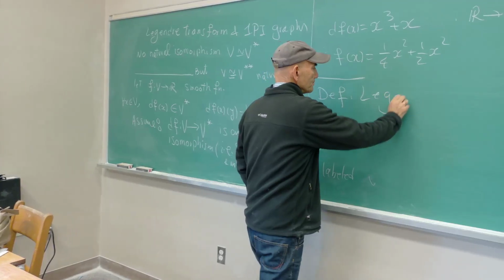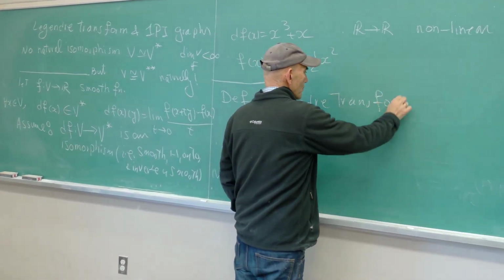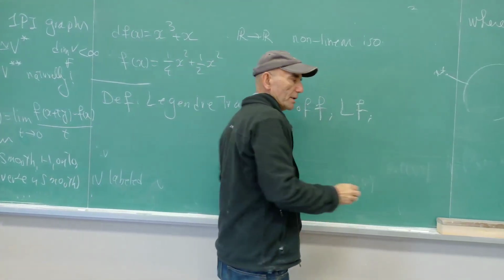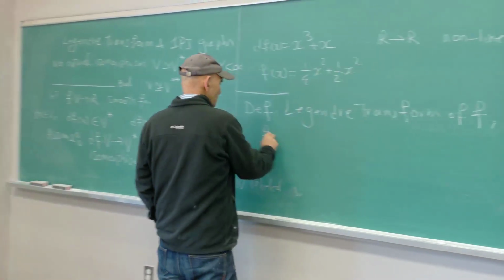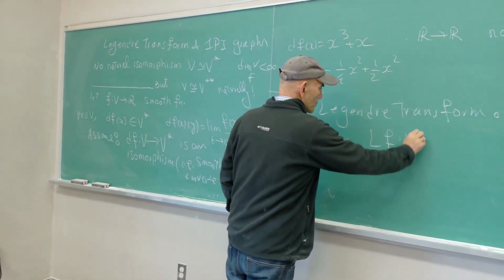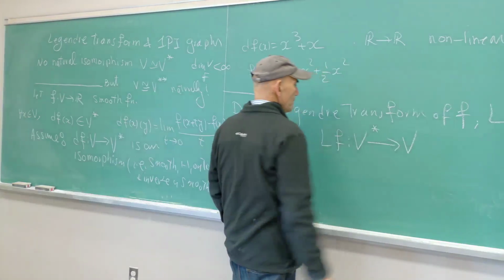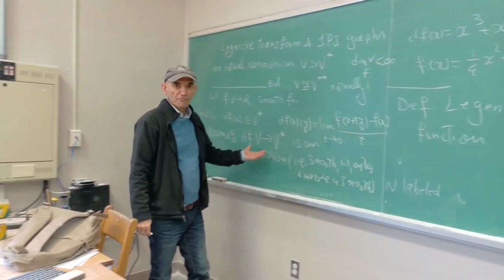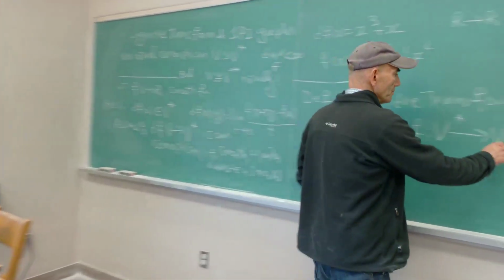The Legendre transform of f, L of f, is the map, is the function, which goes in the reverse direction, from V star to V. You may be tempted to take the inverse of this function, df. It's almost like that, but not quite. There is some subtle difference.